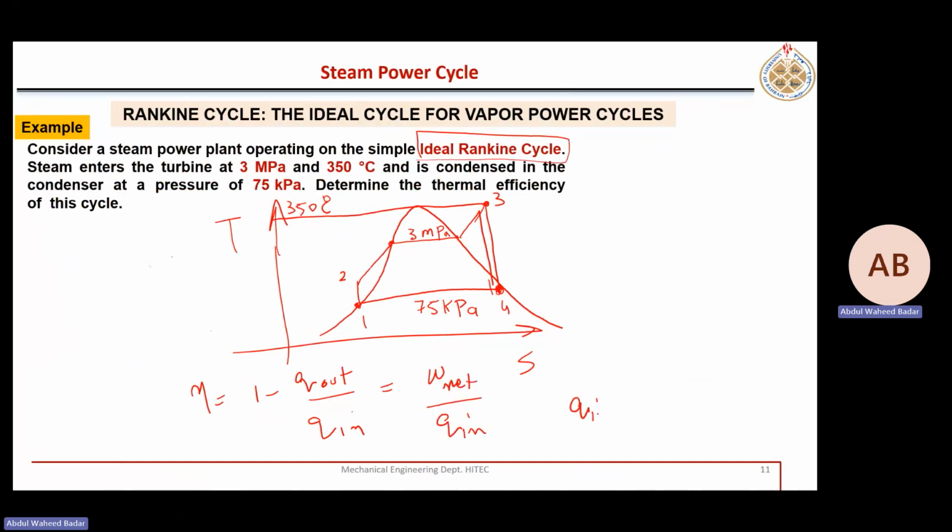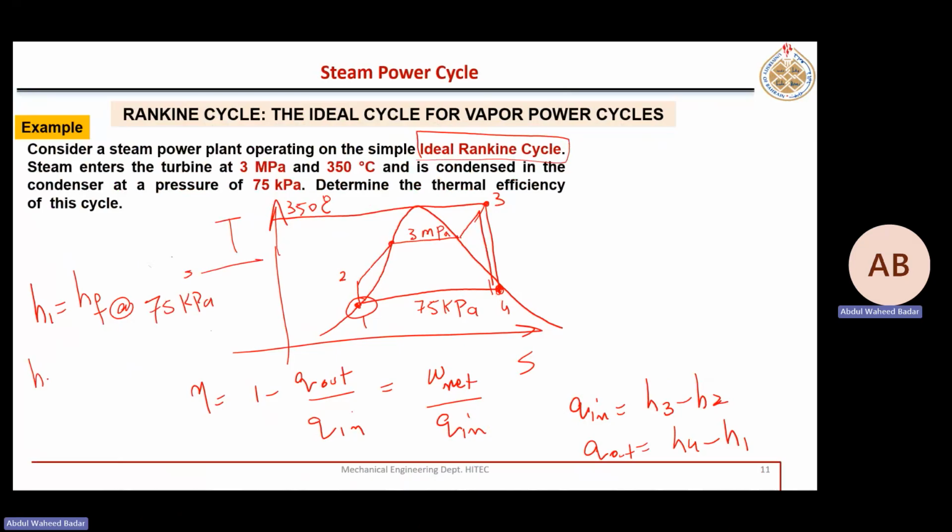What is Q in? H3 minus H2. Q out is H4 minus H1. H1 is equal to Hf at 75 kilopascal.